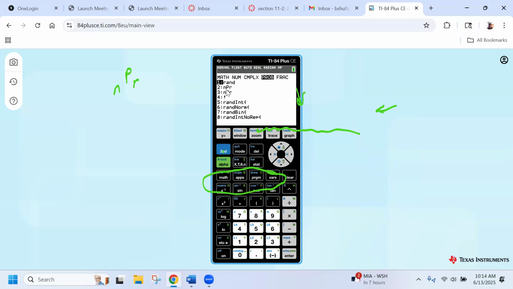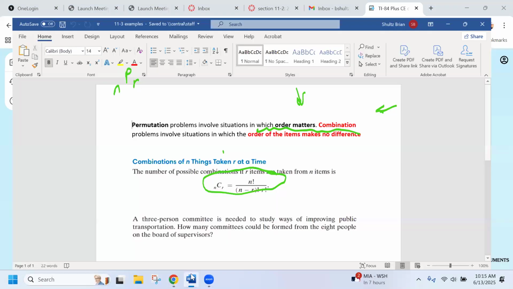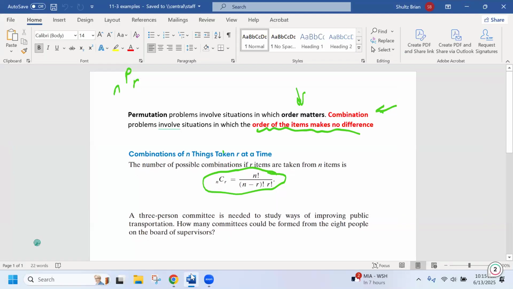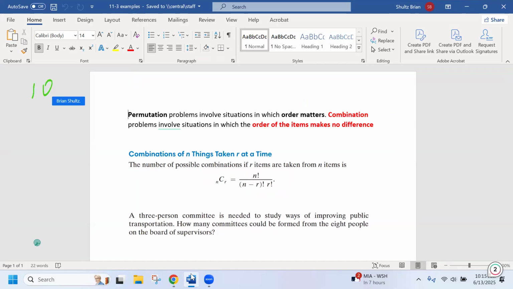We did NPR yesterday, and in this lecture we're talking about combinations, which is NCR.